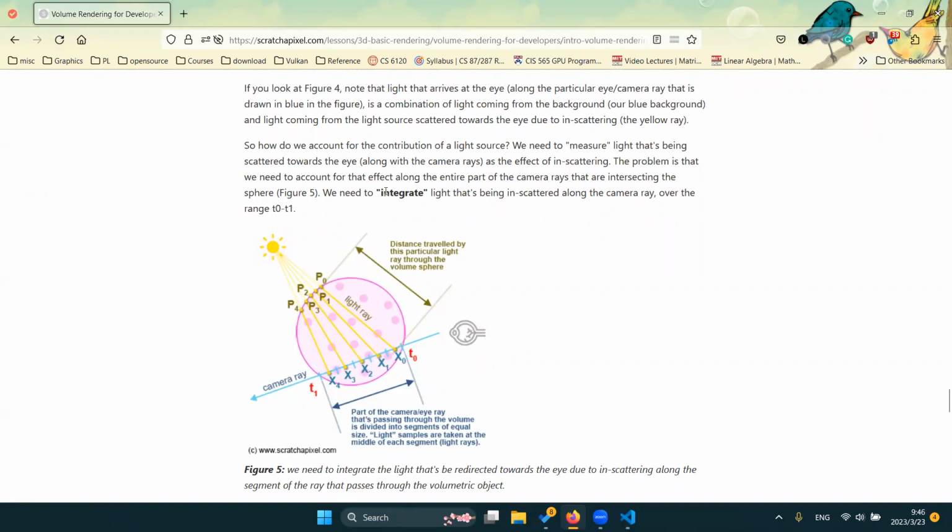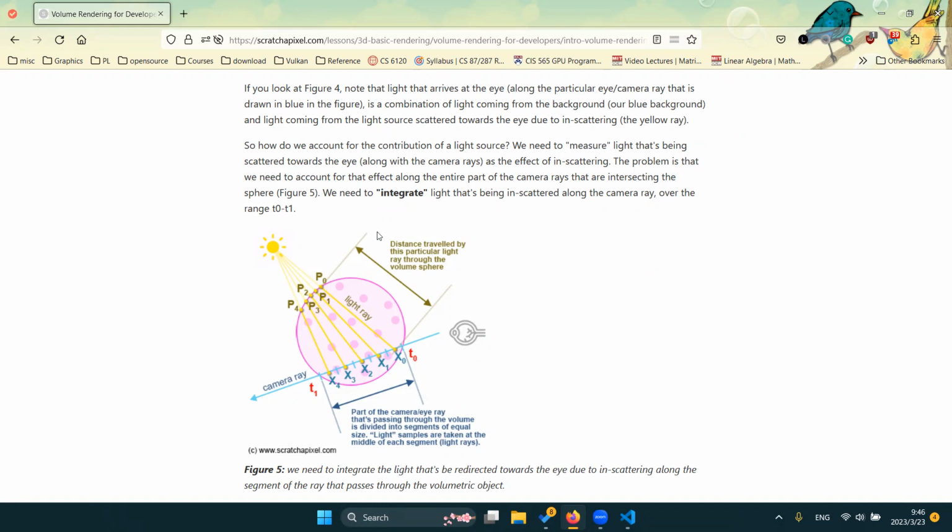So for multiple scattering, are we talking about even if at some point a light ray is scattered toward the eye, it could be scattered back to some other direction, so we end up not seeing that photon? I think what it means is, there's the ray that we're integrating along here between T0 and T1 for scattering from the light source.